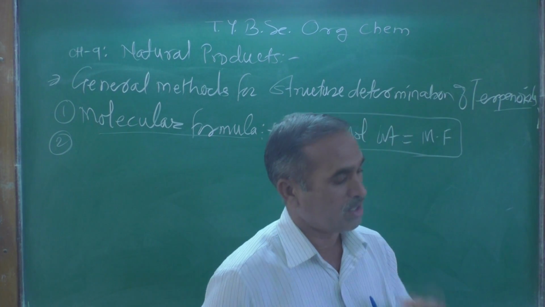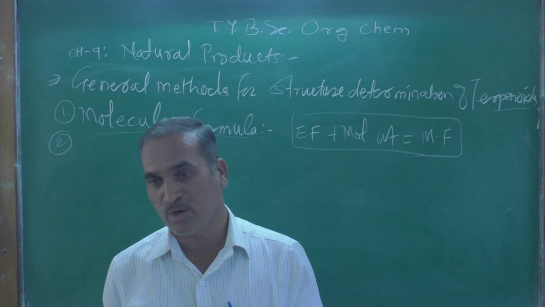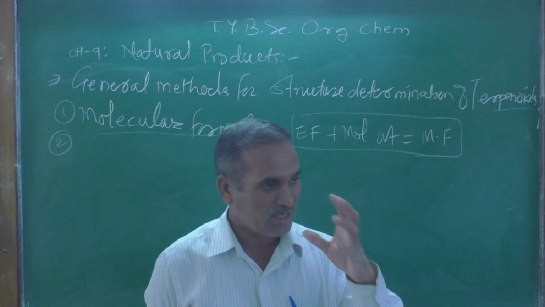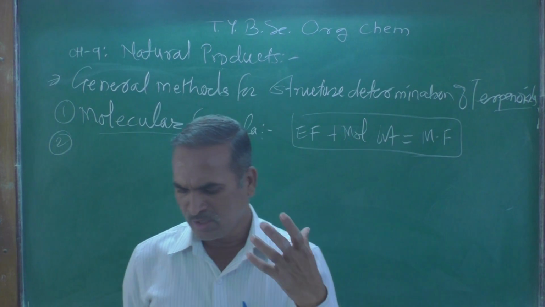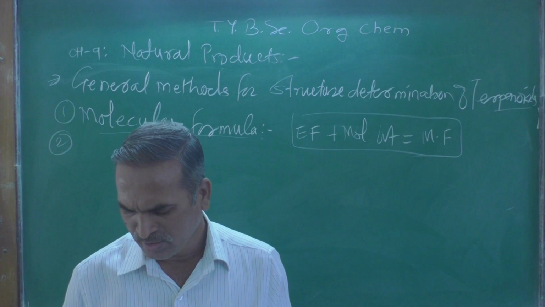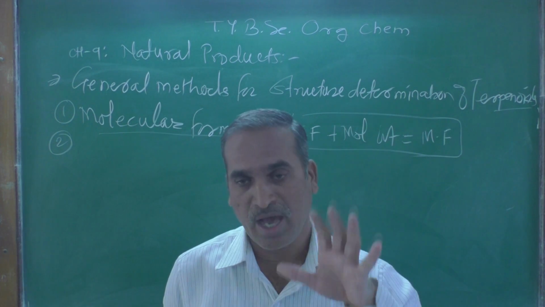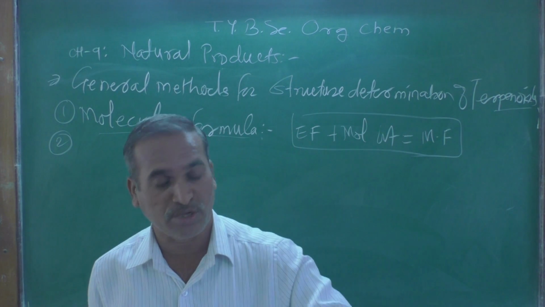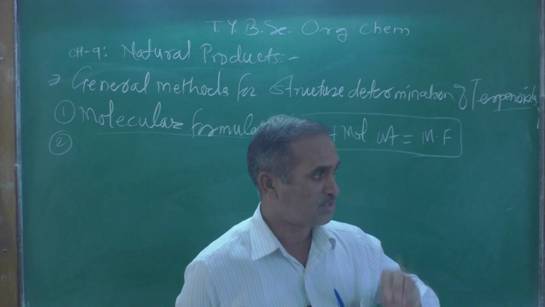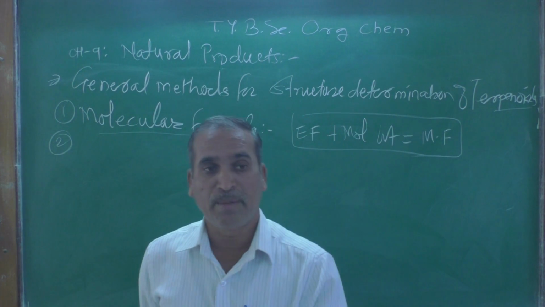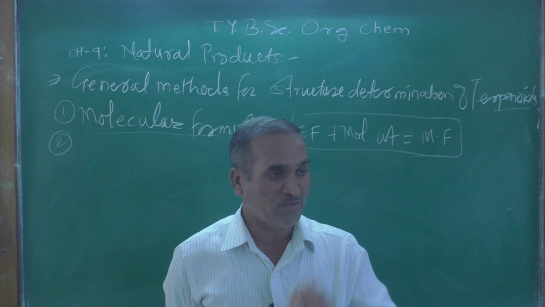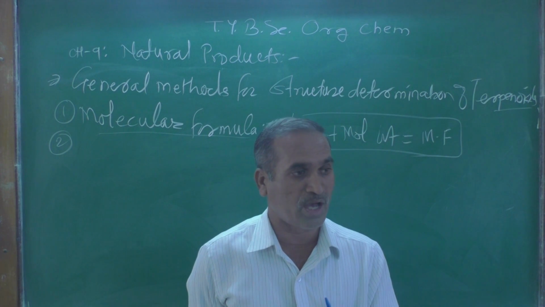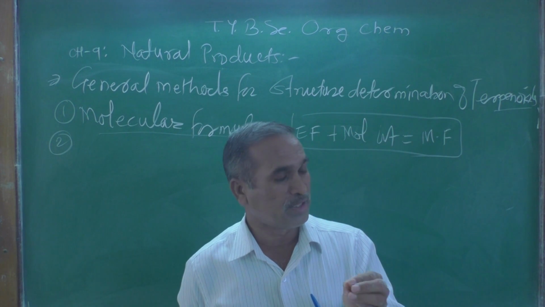How do you obtain the molecular formula? A pure specimen of the naturally occurring source is analyzed to determine and estimate the elements present, from which the empirical formula can be determined.